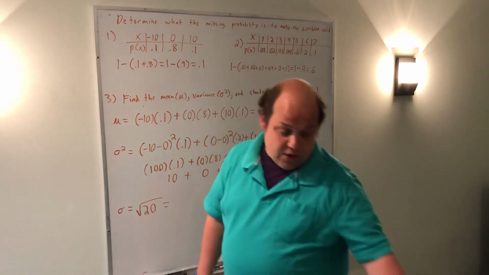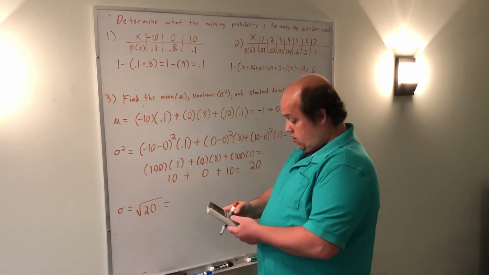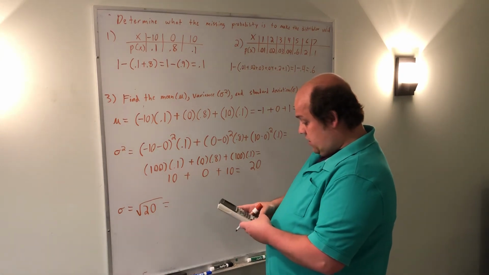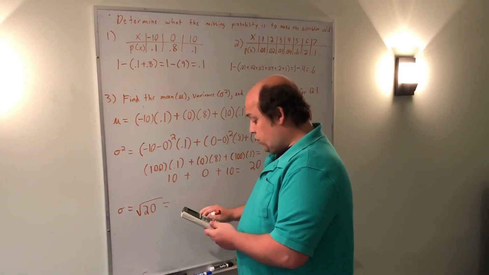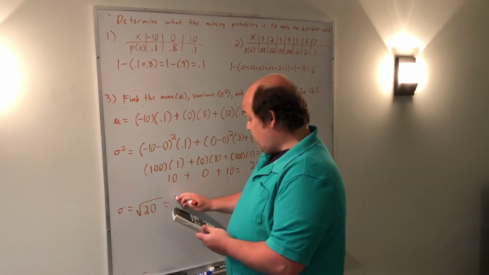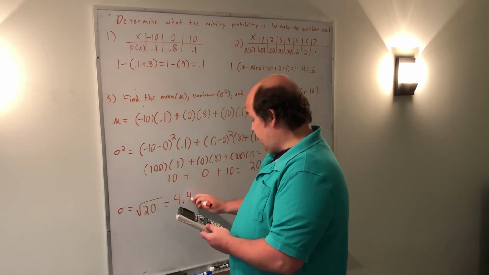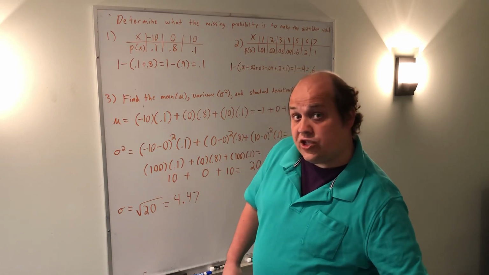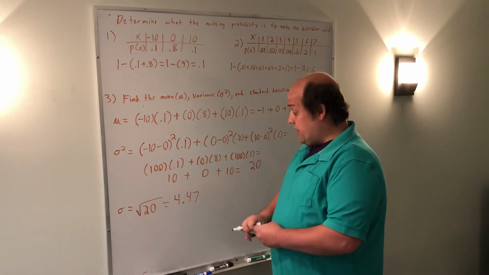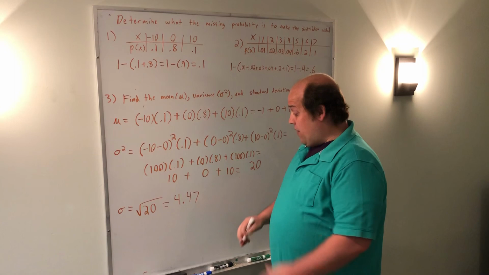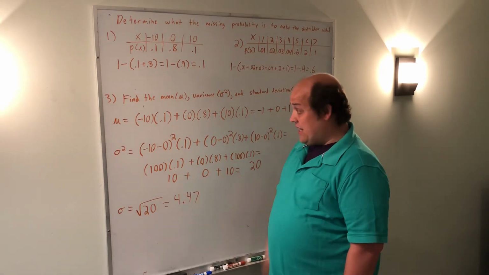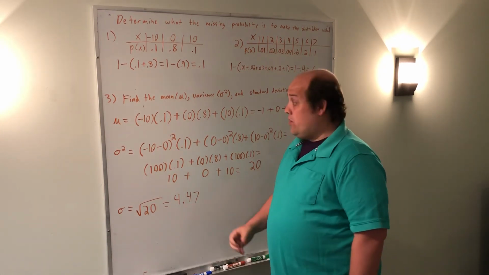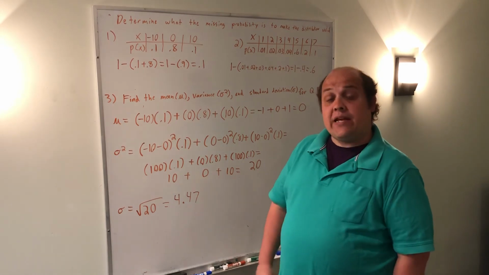If I put the square root of 20 into my calculator, the root of 20 is 4.4721. I'm just going to round to 2 decimals and call it 4.47. You want to make sure that you're doing whatever Cengage instructs you as far as rounding to decimal places. If they don't give you any recommendation, I think in general it'll take something 2 decimal places, but usually it'll say in the instructions how many decimals to go to.